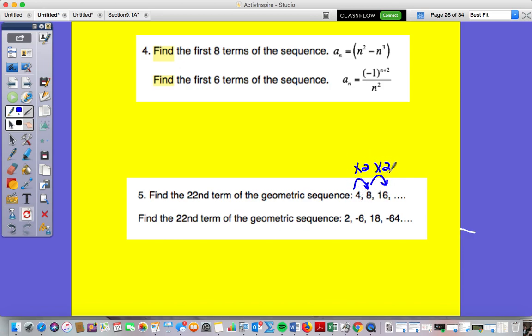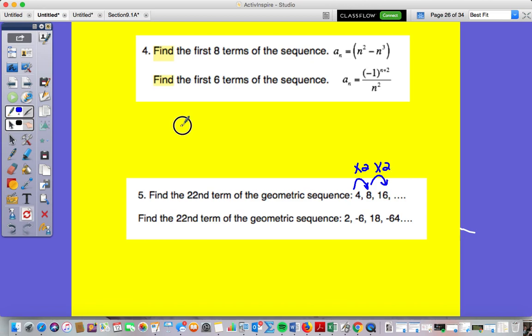If it says find the 22nd term in the geometric sequence, what formula would I use there? We're looking for the nth term, not the sum of. But if I said find the sum of, that'd be good.